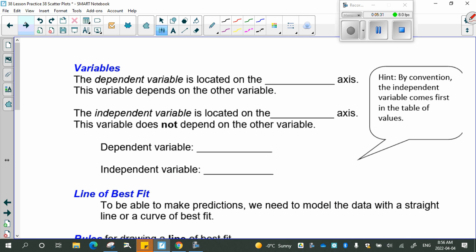Variables. So the dependent variable is always located on the y-axis. This variable depends on the other variable. So dependent variable is always the y, okay? Independent variable is always on the x-axis.